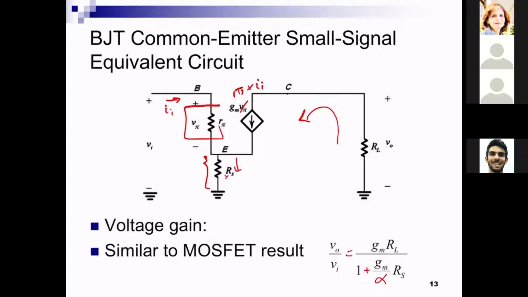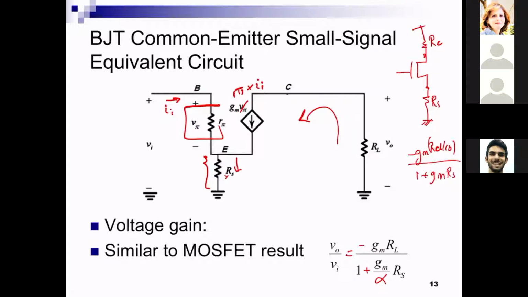RS. If you recall, when we had the MOSFET we said that when we have a resistance at the source, whatever resistance RC I have here, the gain is equal to minus GM RC parallel RO over 1 plus GM RS.